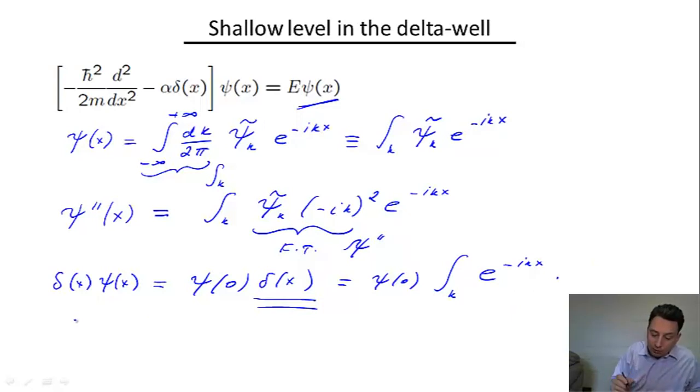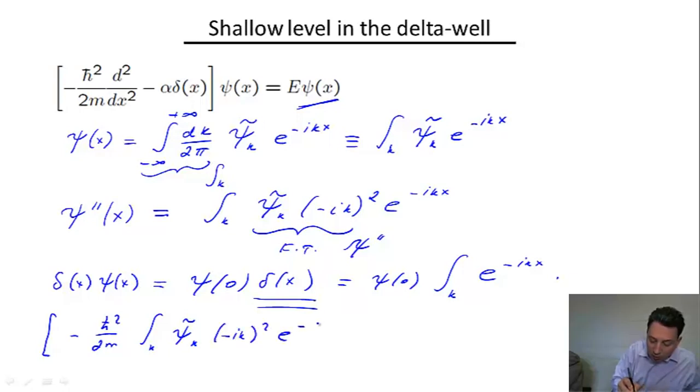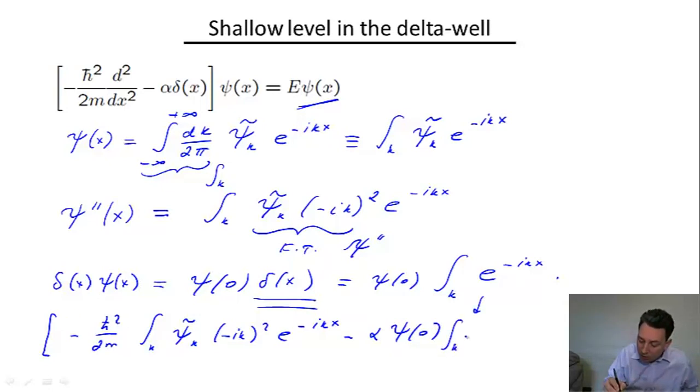And so if we put everything together, in the left-hand side we're going to have minus h squared over 2m times psi tilde sub k times minus ik squared, e to the power minus ikx. The second term is going to be minus alpha psi of 0, which here is simply a constant. We have pulled out the value of the wave function at x equals 0, so it's just a constant. And here we have this integral of e to the power minus ikx.